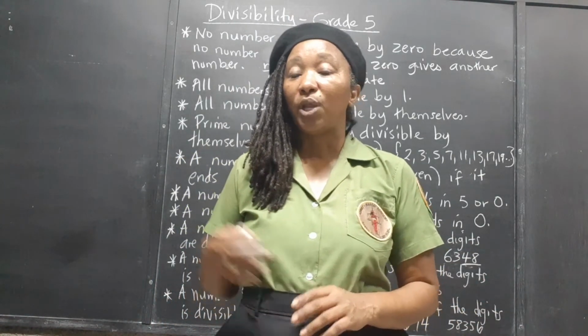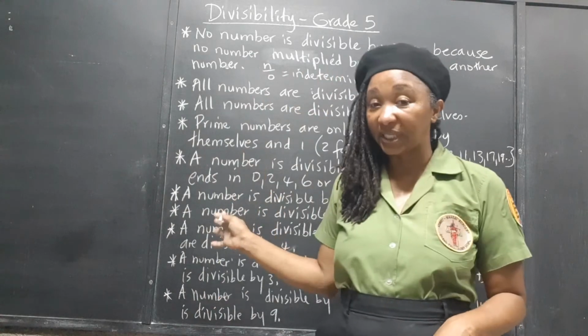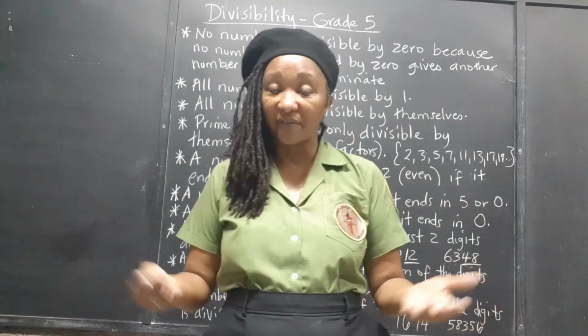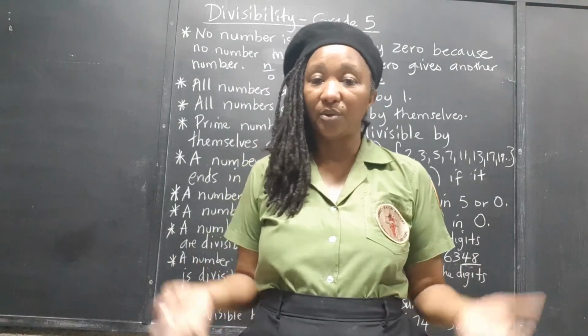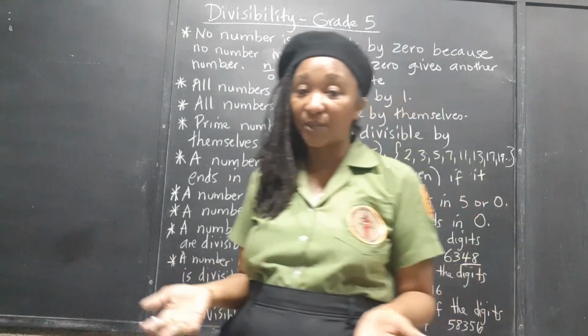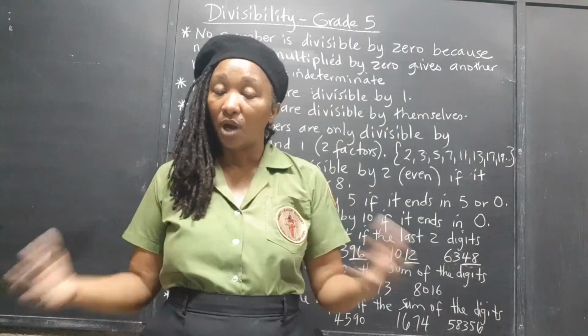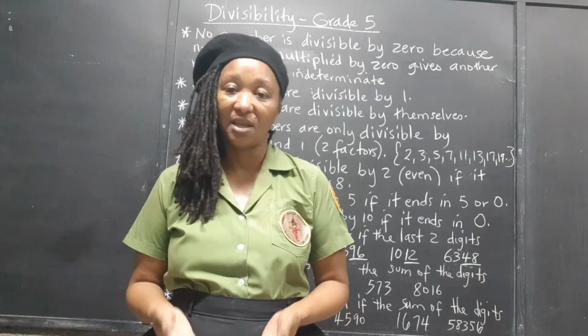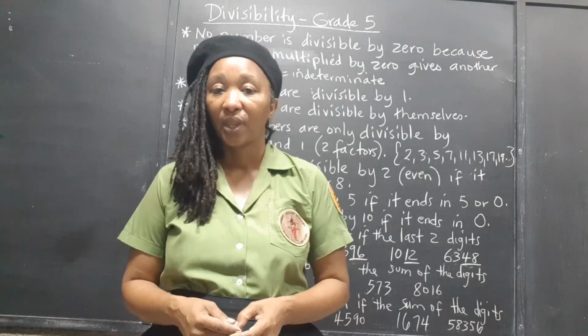Right? We know some of them are pretty easy, like the 5, once it ends with a 0 or 5, immediately 5 can go into it. The 10, once it ends with a 0, off the bat, you can divide it into groups of 10. Immediately you know that, right?